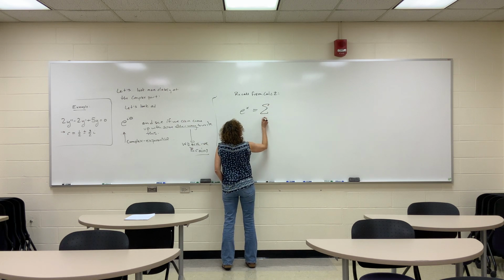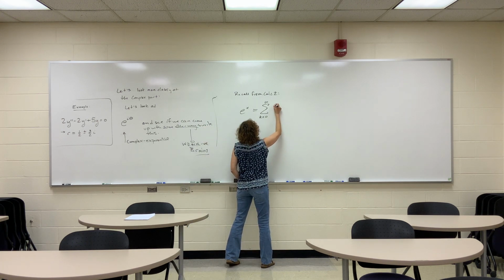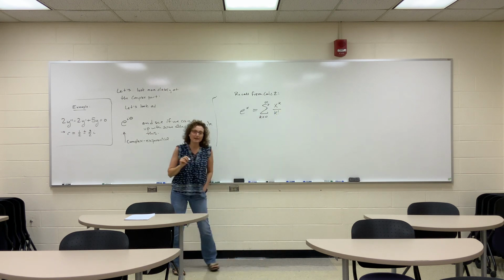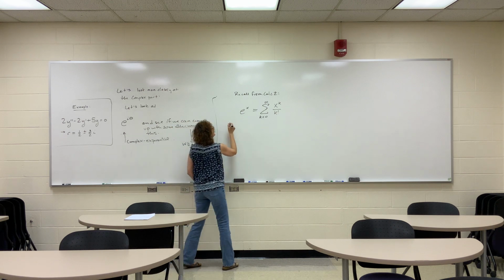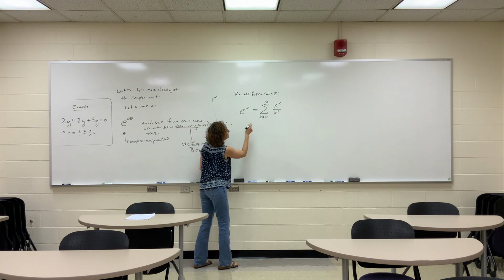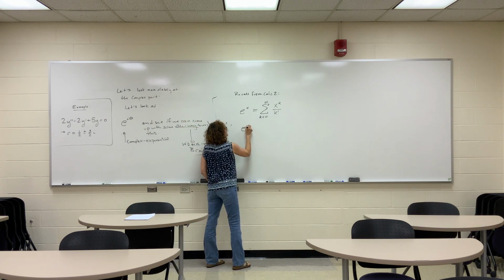What do we have? We've got the sum, k equals 0 to infinity of x to the k over k factorial, right? Let's write it out. It's nice and concise with our summation notation, right?